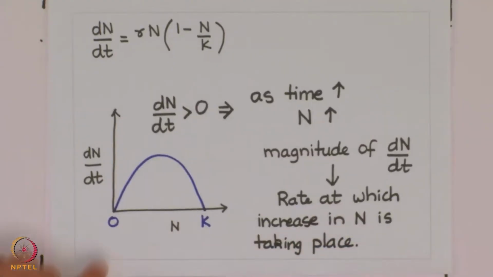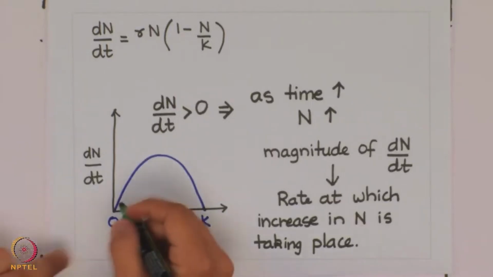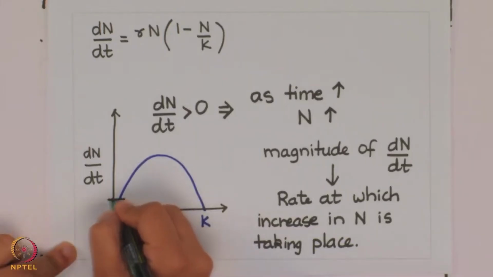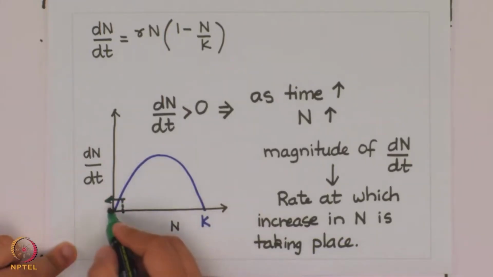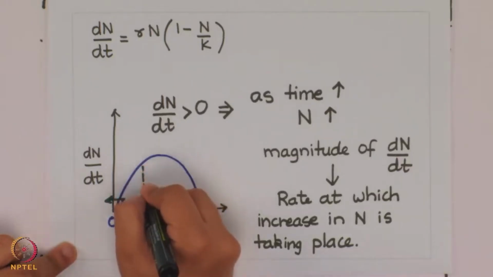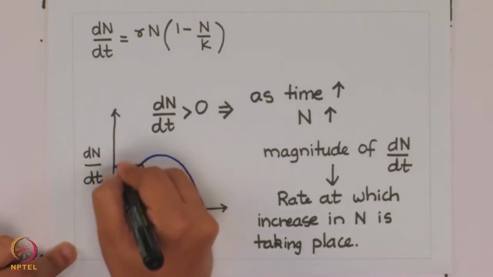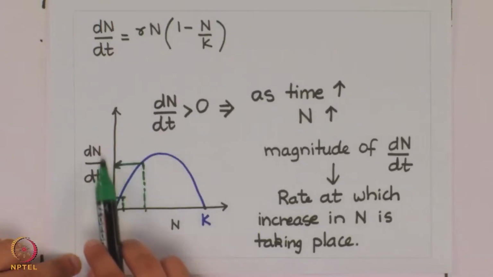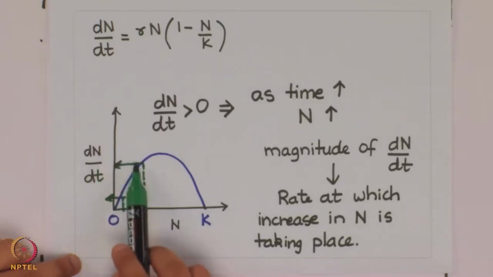For instance, if we look at this point, if I look at small values of n, dn by dt has a value which is lower as compared to the value at somewhat higher values of n. What that tells me is that at smaller values of n, the rate at which the population is increasing is smaller as compared to this point where the rate at which the population is changing with time is higher.